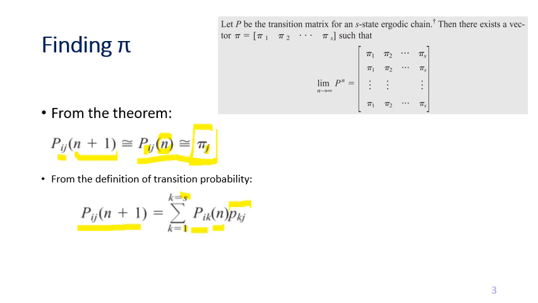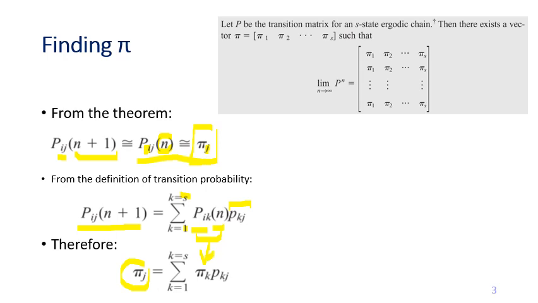Now we combine these two points here to obtain that, okay, so p_ij in n plus 1, we may replace it with pi_j from the first point. And then also from the first point, you see that you can replace p_ik in n steps to just become pi_k.